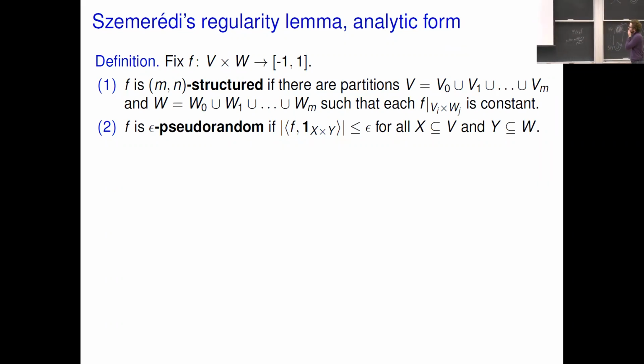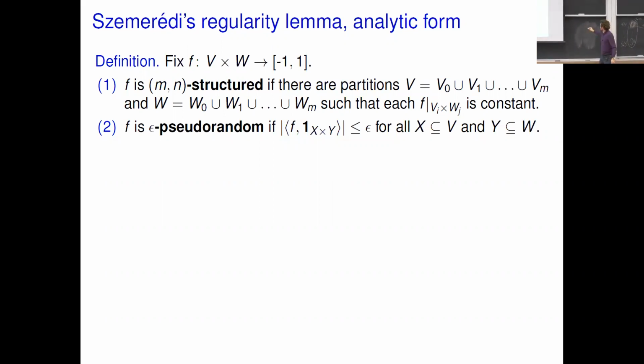Okay, so that I think is a natural thing, just indicator functions of boxes and then linear combinations of those. What is the randomness notion? You say that the function is epsilon pseudo-random if whenever I take the indicator function of an X cross Y, for any X and any Y, and take the inner product with f, I get something with very small absolute value, at most epsilon. You have to work with this notion to appreciate it, I guess.